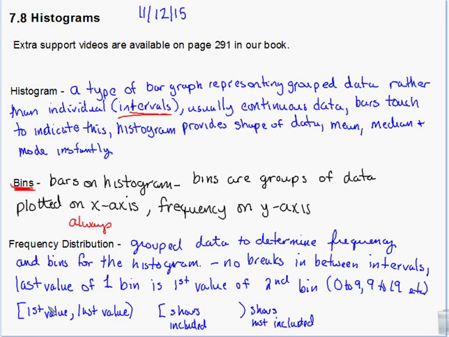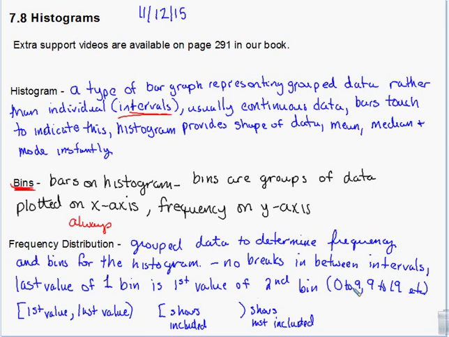What this means is it includes the first value, but it does not include the last. So in this example, 0 to 9 and 9 to 19, this first one would go 0 to 8.999999999. But any that were actually 9 would not be in this range. It would be over here in the 9 to 19. That's the not included part. So it's always bracket on the first, parenthesis on the last.